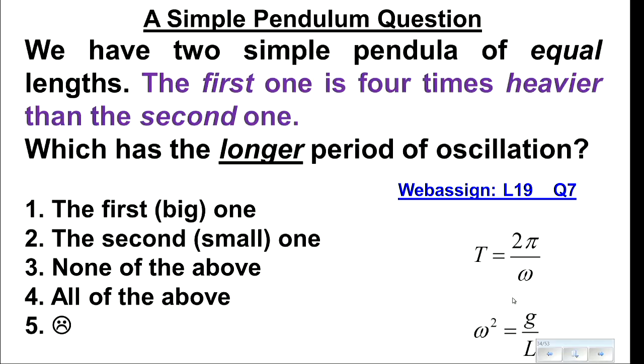What does it depend on? On the length, L. If we increase the length, we decrease the period. If we decrease the length, we increase the period. Short should move fast, long should move slow.